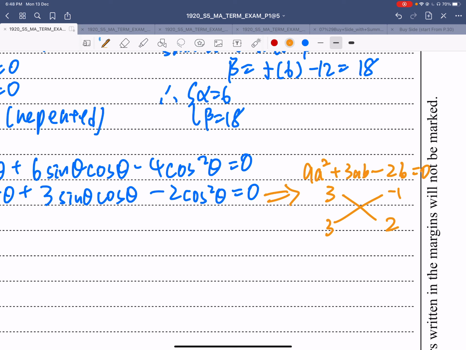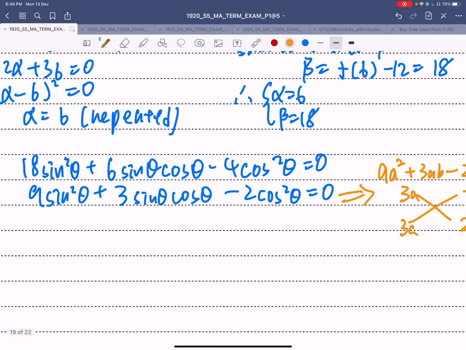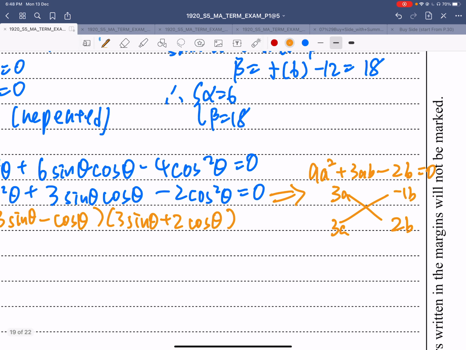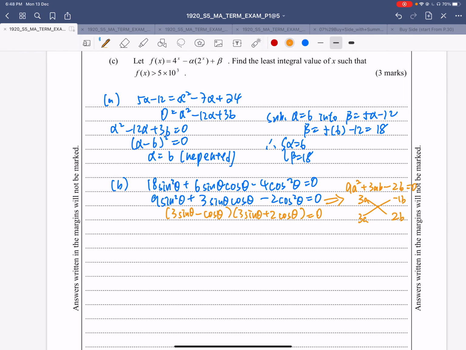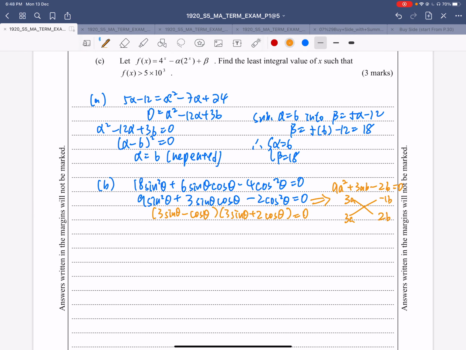Then it will turn out negative 2B, 3A, negative 1B, 2B, and you obtain the same output. So you can use this method to factorize it into (3 sine theta minus cosine theta) times (3 sine theta plus 2 cosine theta) equals 0. This is the method you need to know.